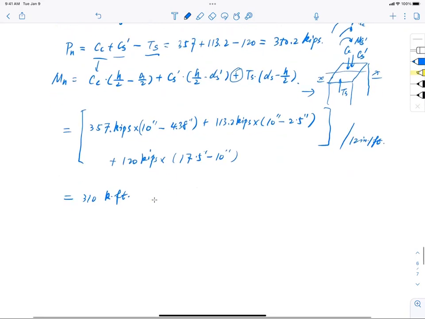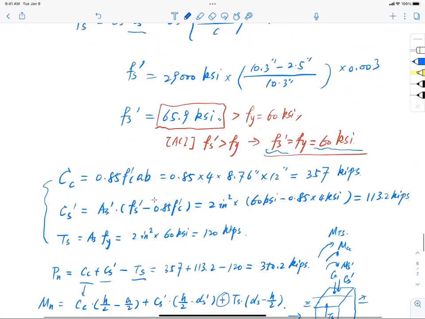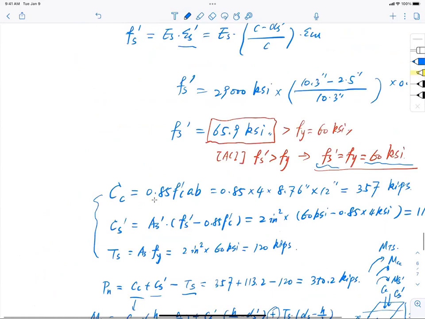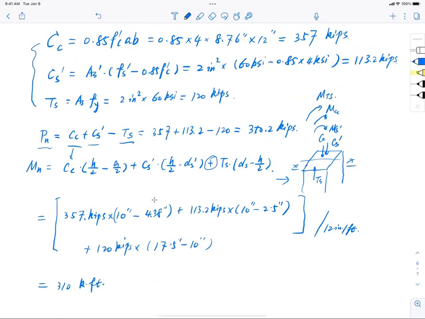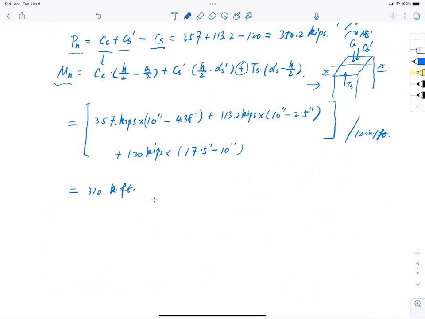Okay, 310 kip-foot. So now I have my Pn, which is axial loading here. Where is my Pn? Okay, Pn right here, and Mn, which is the bending moment. So I want to find the eccentricity because I can do that, right? Now e equals Mn over Pn, and that equals 310 kip-foot divided by 350.2 kip.